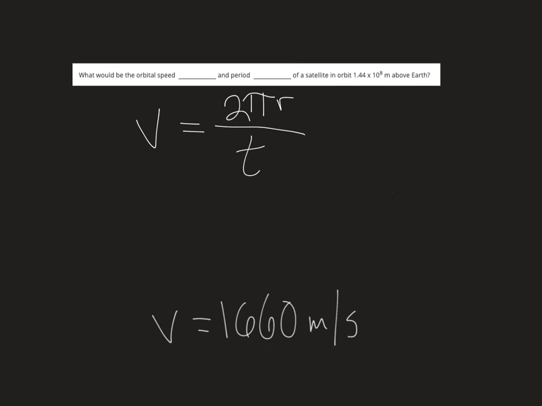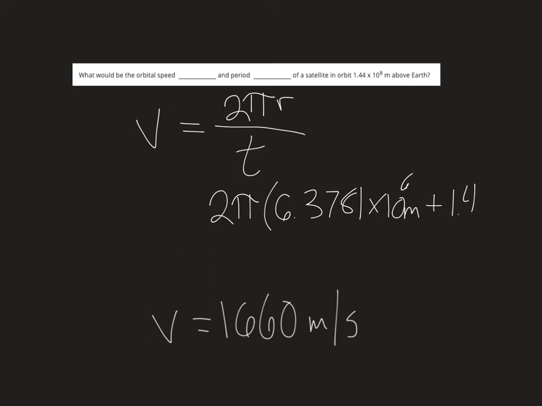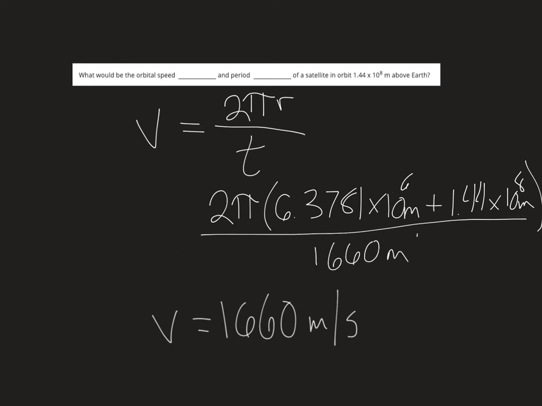So we are going to plug in our information: 2 pi times 6.3781 times 10 to the 6th plus 1.44 times 10 to the 8th, and then we divide that by the 1,660 meters per second, and that will give us t.